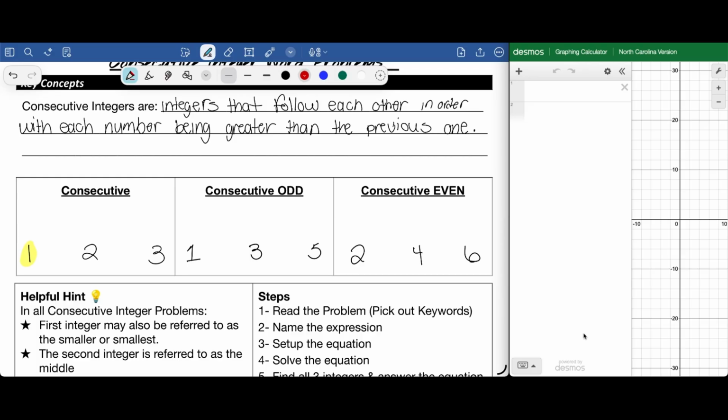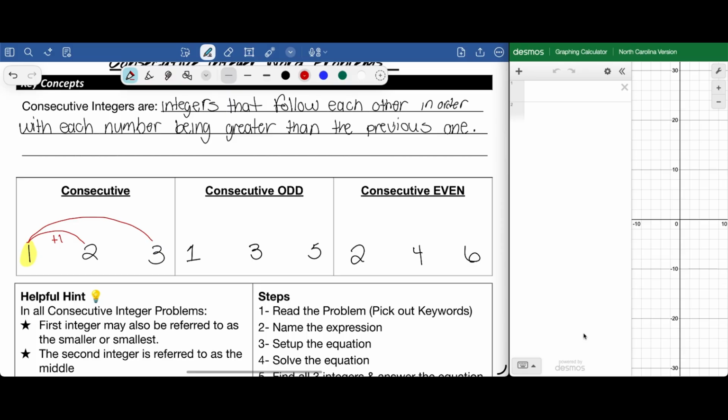So with consecutive, if I go from one, I'm going to the very next number. For me to go from one to two, all I had to do was increase it by one. And then we still use that first number to get to what is considered the third number. So if I go from one, my very first number, all the way to my third number, what did I have to do to one to get it to be three?